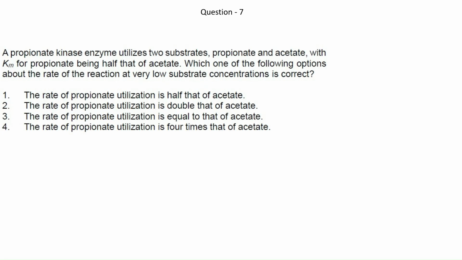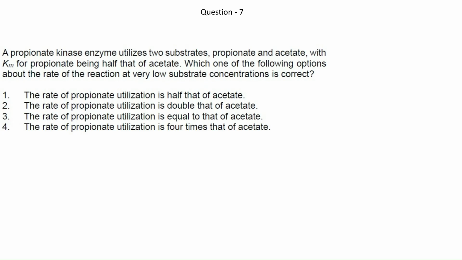A propionate kinase enzyme utilizes two substrates, propionate and acetate, with Michaelis constant for propionate being half that of acetate. Which one of the following options about the rate of the reaction at very low substrate concentration is correct? Our options are: the rate of propionate utilization is half that of acetate.